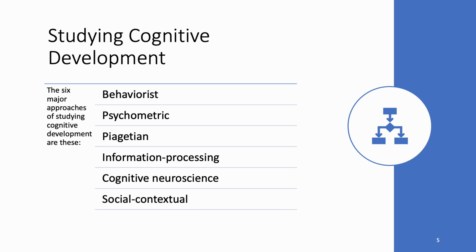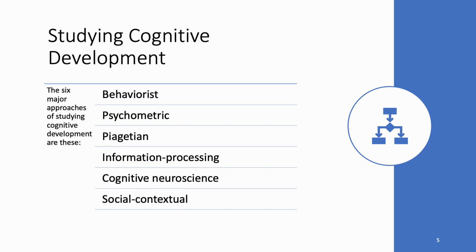Studying cognitive development, we will look at the 6 major approaches: behaviorist, psychometric, Piagetian, information processing, cognitive neuroscience, and social contextual. We will review each in detail, but let's begin with a brief description.